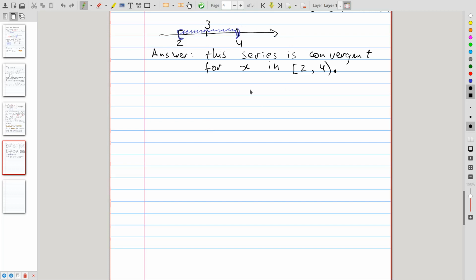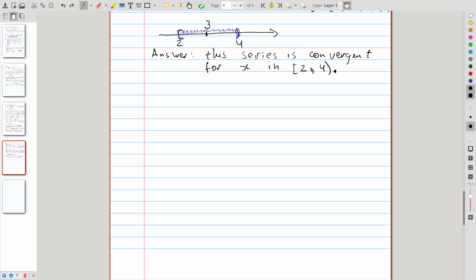Okay, so we have just determined that the given series converges on this set, a half-open interval between 2 and 4. Recall that a power series defines a function.